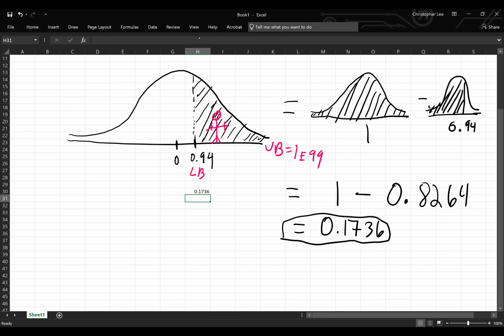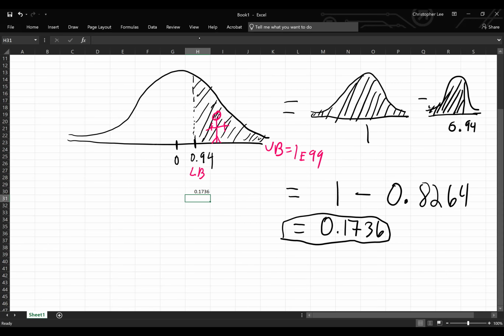So it'll be parentheses, right? For the lower bound, 0.94, comma, the upper bound, which is 1E99. That's the blue EE. So you're going to press second and then EE.